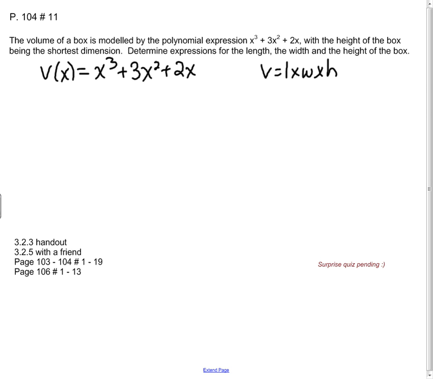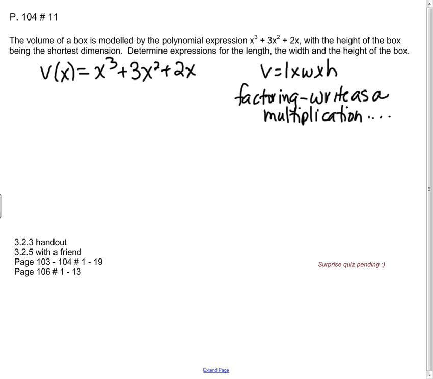When you are writing something as a multiplication, you are factoring. So right now I have an expression that has addition and so on. So I can write it as a multiplication if I factor.